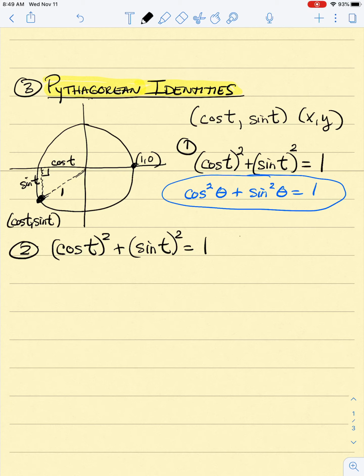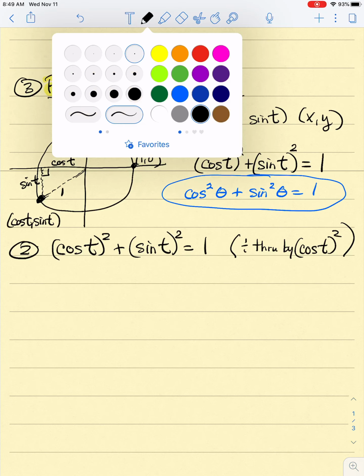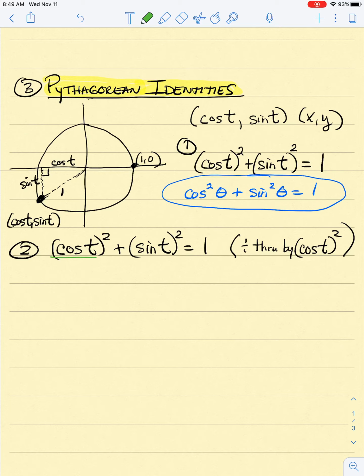Let's take this one and divide through by the cosine squared and see what we get. That sounds like fun. Let's put this in green. Let's divide everybody by the cosine squared. If I divide through, I'm not changing the value, I'm just changing what it looks like.